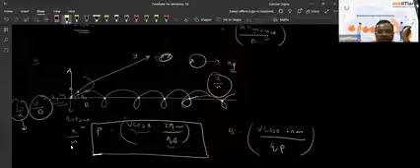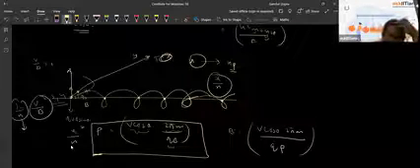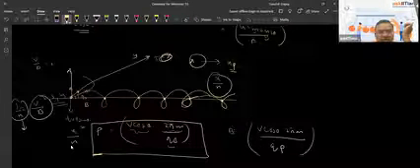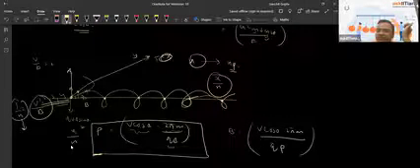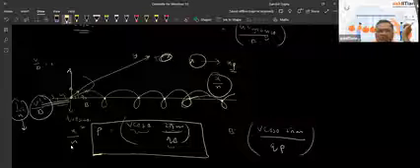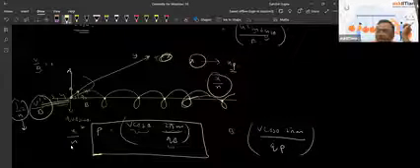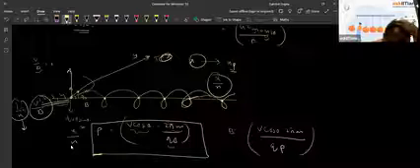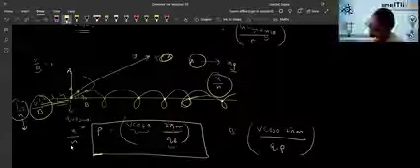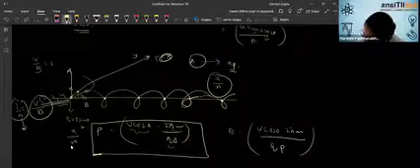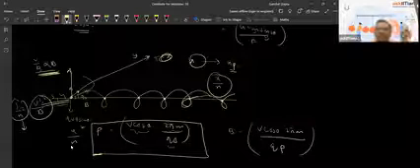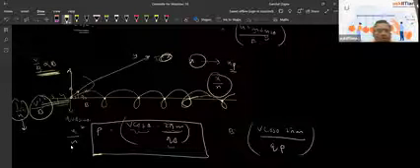So if v by B is 2, then n can be 1, 2, 3, 4, like this. So n is 1. V is equal to B. Sorry, v is proportional to B. V is proportional to B. So it should be like this. So v can be proportional to B also.